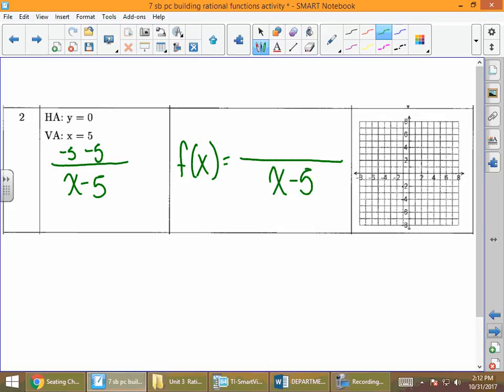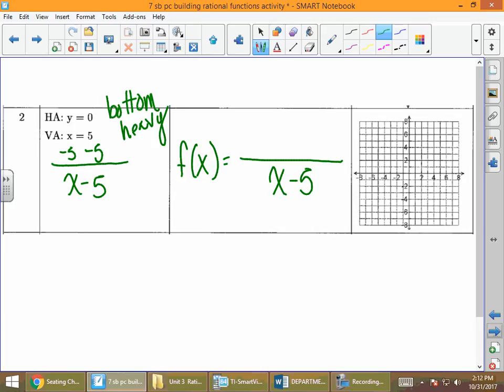But like problem number 1, y equals 0 is our horizontal, which we just said means a bottom heavy function. So we need to have a degree that's less in the numerator, in the top of the fraction, than what we have in the bottom.